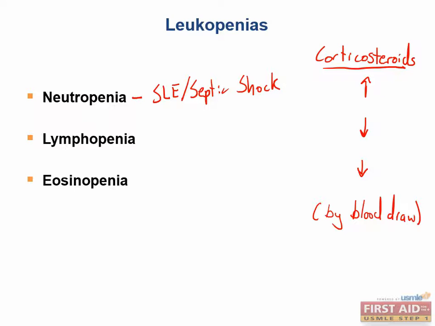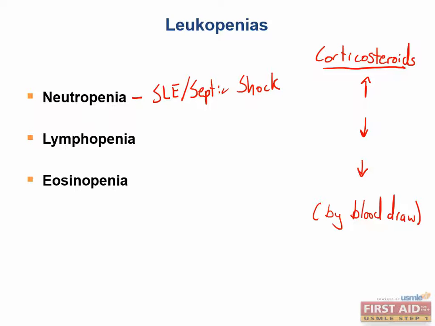By contrast, these steroids will sequester eosinophils outside of the blood and cause apoptosis of lymphocytes, thus decreasing these two counts. All of these actions of corticosteroids will have the desired effect of decreasing inflammation and the immune response.